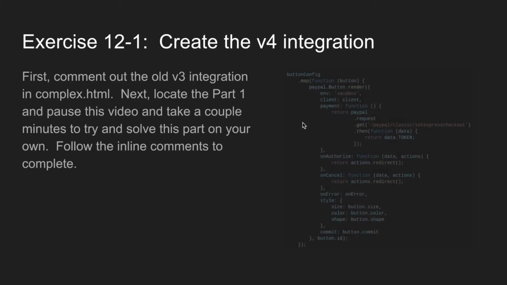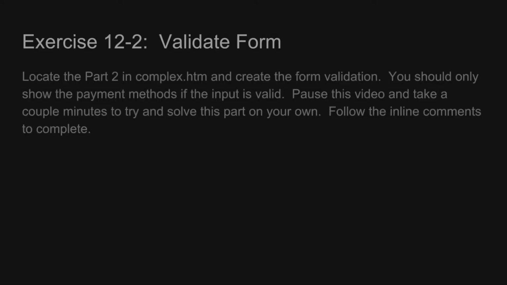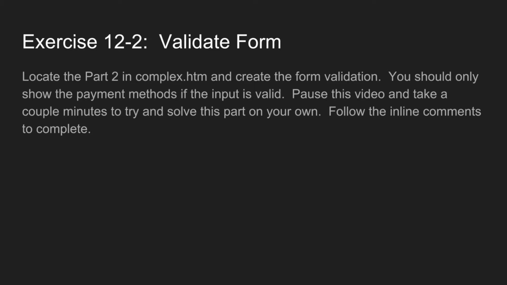All right, so here's the answer to the first part of our exercise. If you didn't get that copied in, go ahead and do it now. Otherwise, we are going to move on to part 2. So let's go ahead and locate part 2 in the complex.html and create the form validation.